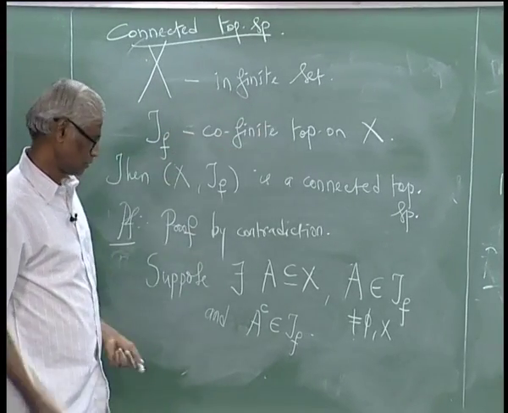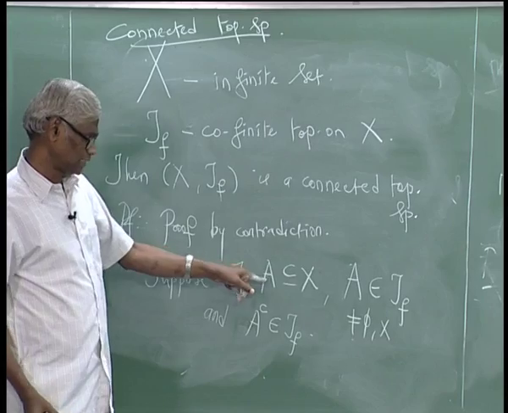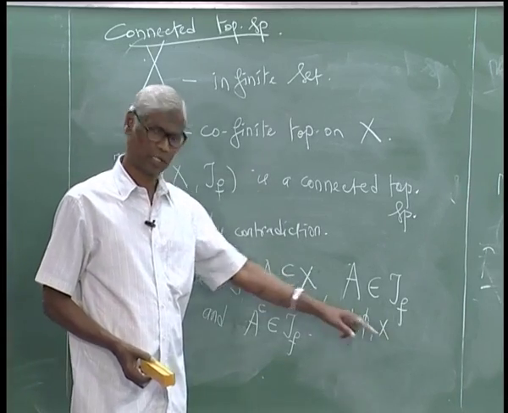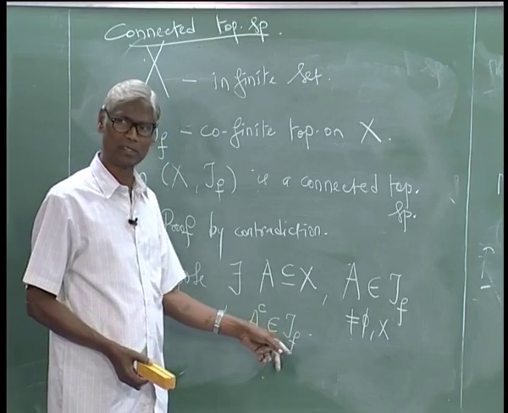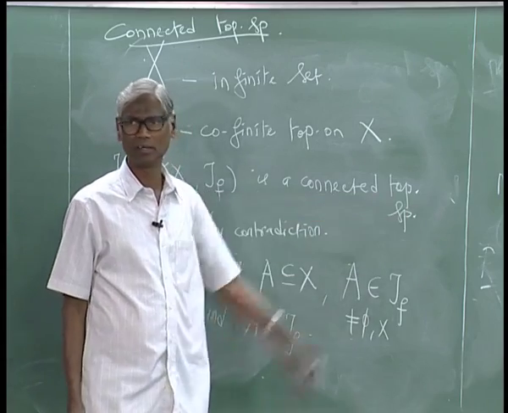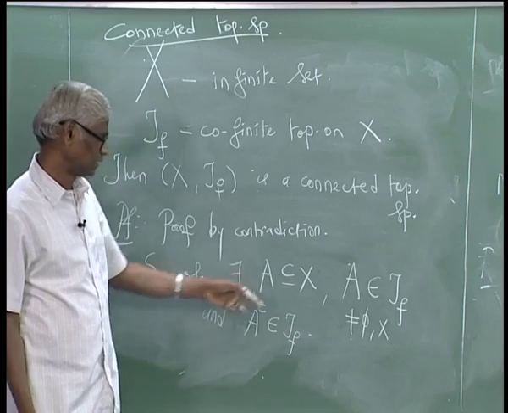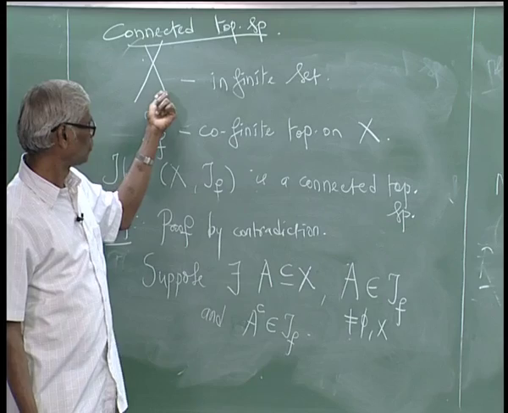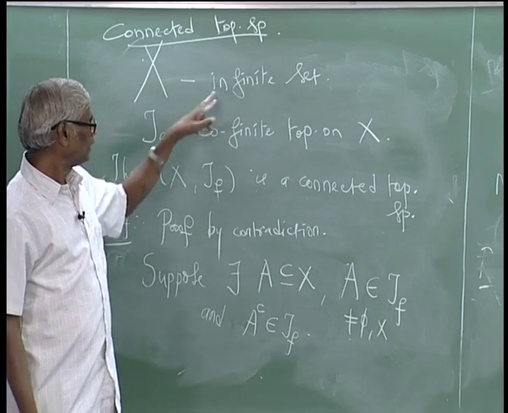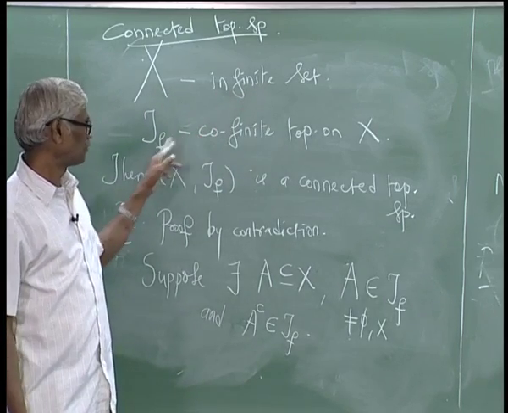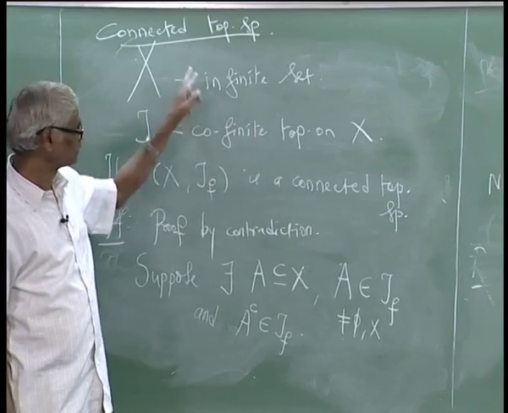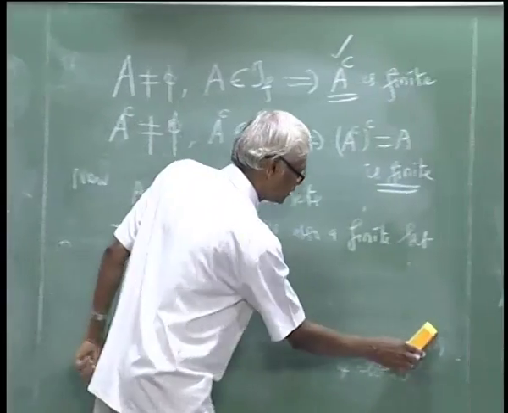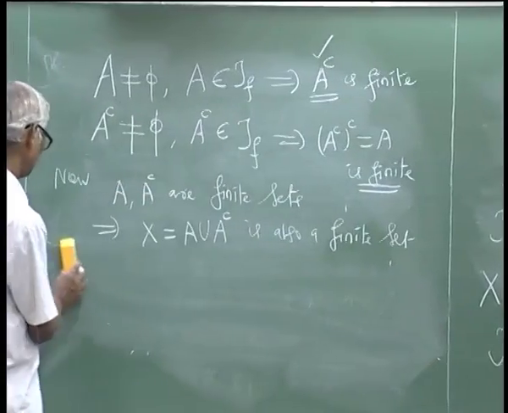set. So, if you assume that there is a non-empty subset, not equal to X, which is both open and closed, then we will get a contradiction, hence such a set cannot exist. So, that implies our topological space X, an infinite set with tau f the cofinite topology, is in fact connected.